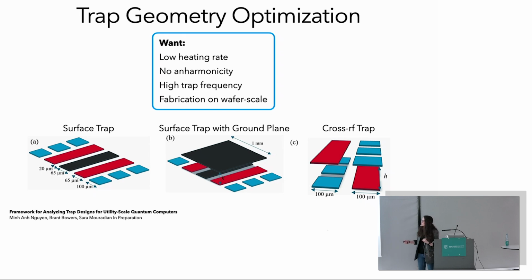And then what will be the hardest to fabricate, but the best in the end, is a trap that looks a lot like that original Paul trap where we have four blades. But now we will segment some for DC control, and this would be made on two wafers bonded together. But this requires precision alignment.